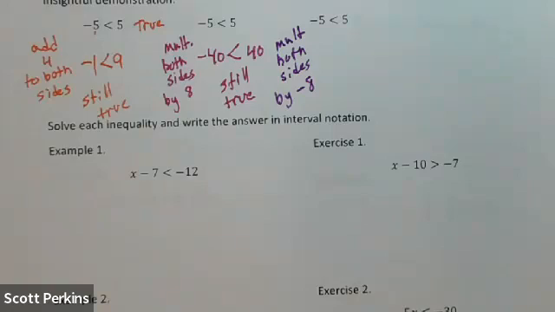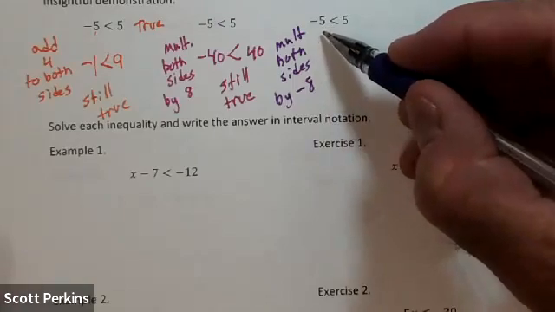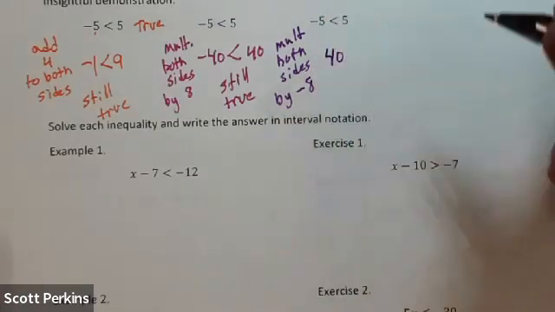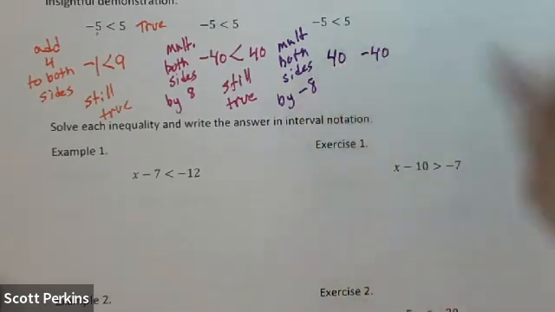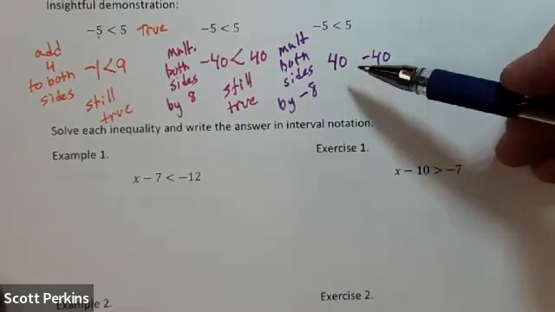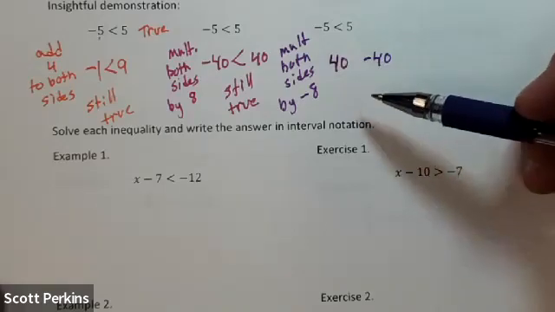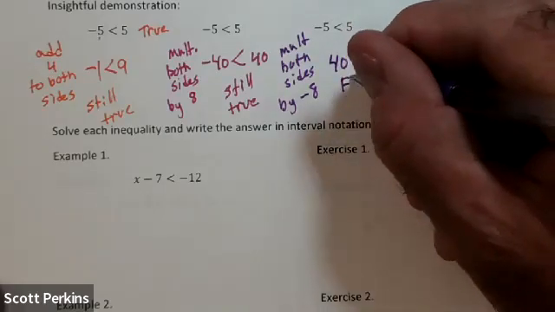There's only one thing. What do I get when I multiply -5 by -8? +40. What do I get when I multiply 5 by -8? This time, if I put a less than, am I going to have a true statement? No. What do I have to do here to maintain a true statement? You got to flip the sign. Yes. So I've got to flip the sign.